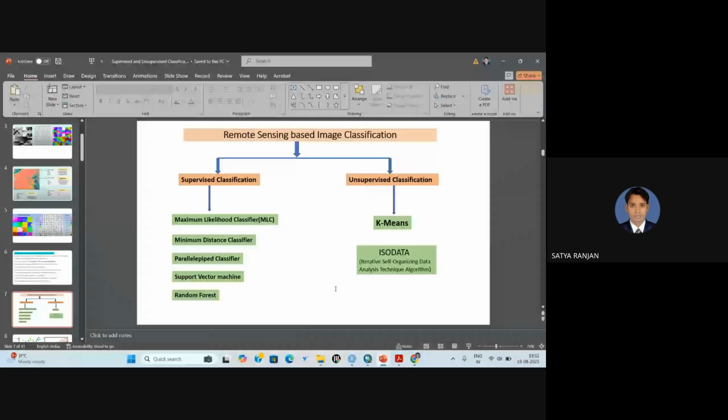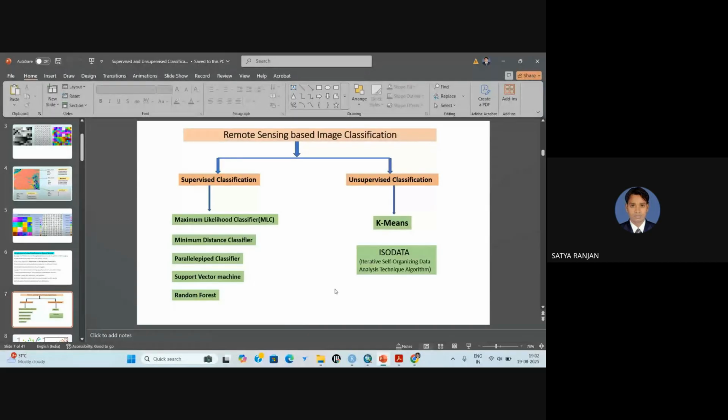So the user supervises the classification technique used by the machine learning. But in unsupervised, no data is given by the user.